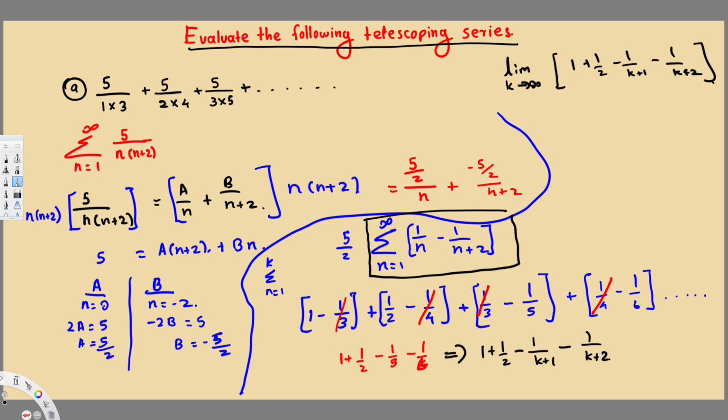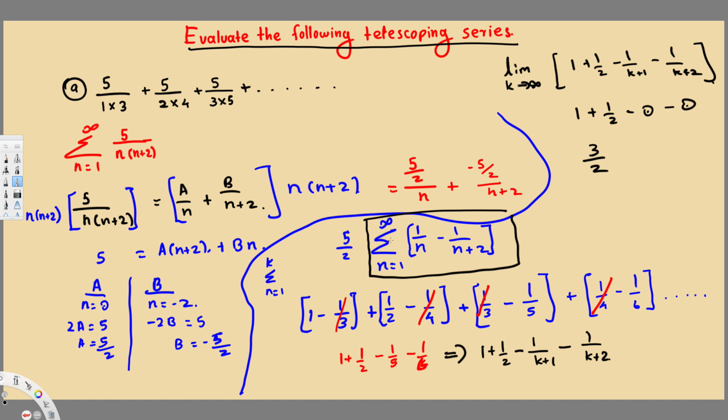It doesn't change. As k approaches infinity, if we plug infinity for this value, this is going to make this one 0, because 1 divided by infinity is 0, and again 1 divided by infinity is 0. So 1 plus half remains and the others are going to be 0, right? So this is the value we are going to get as it approaches infinity. This is going to be 1 plus half, that's the same as 3 by 2, right?